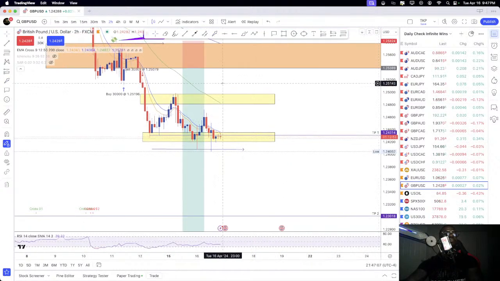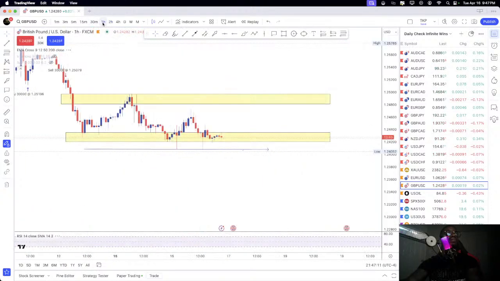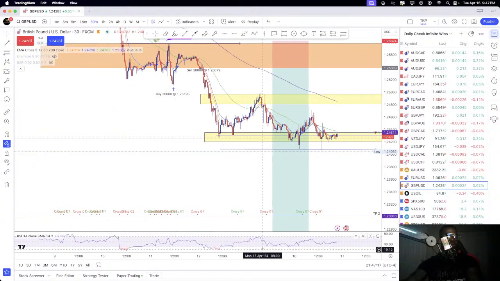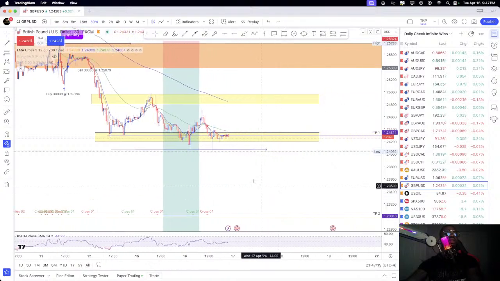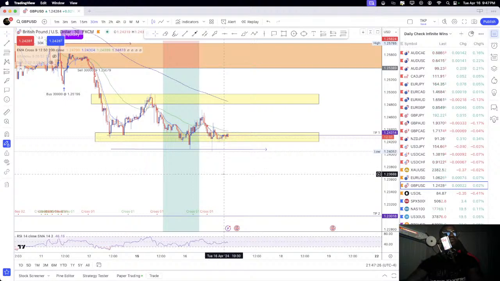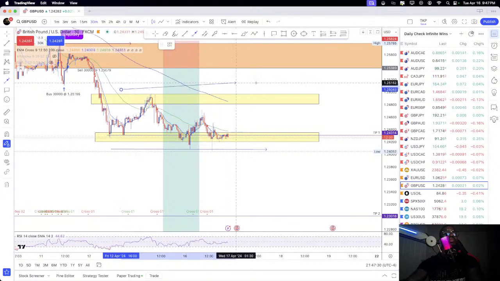And that's only the 50 fib right here. It could definitely retest those highs. So we're going to wait until the London session gets closer to see what exactly price wants to do. Then from there, we'll be able to get a better idea on which direction to go with this thing.